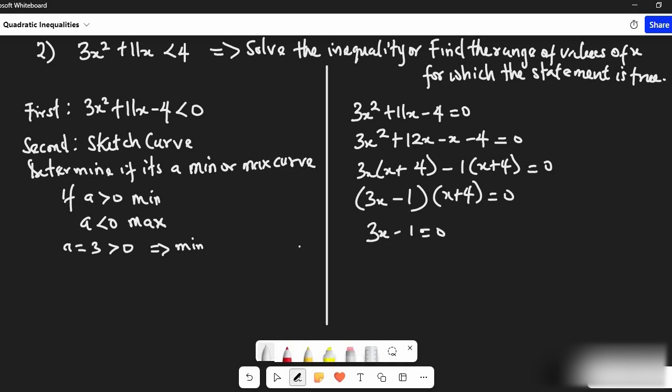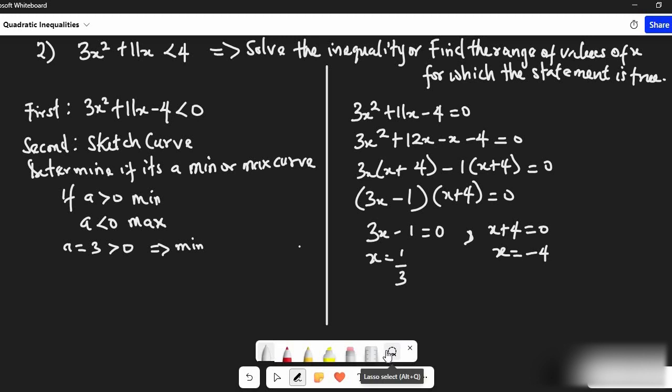So 3x minus 1 equals 0, x equals 1 over 3. And x plus 4 equals 0, so x equals minus 4. Okay, so we have that the zeros of the function are 1 over 3 and minus 4.